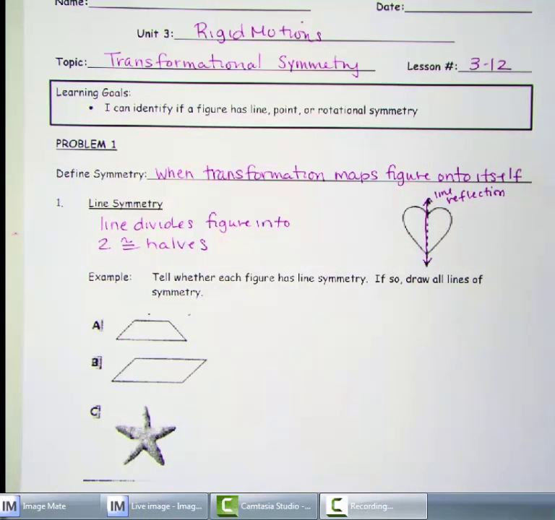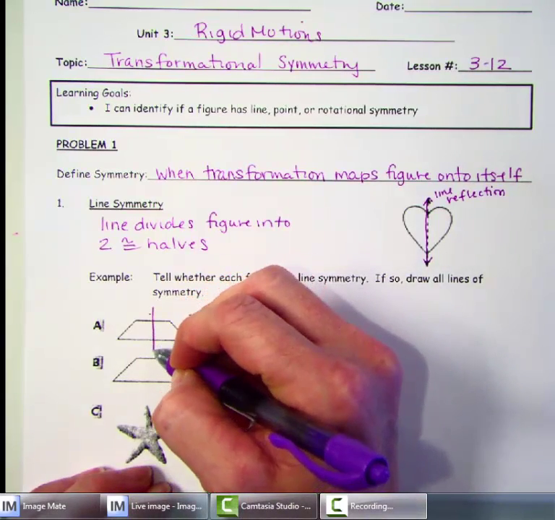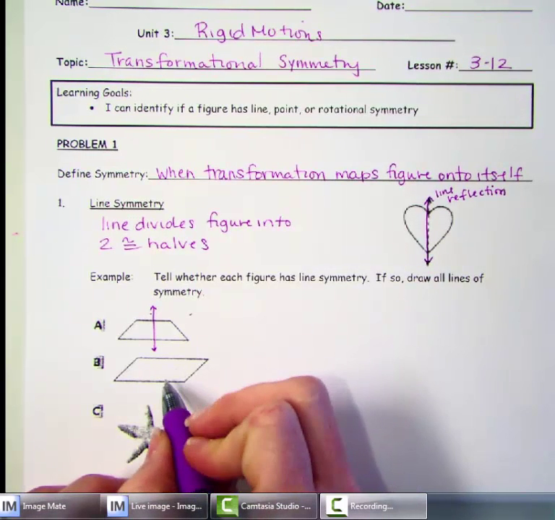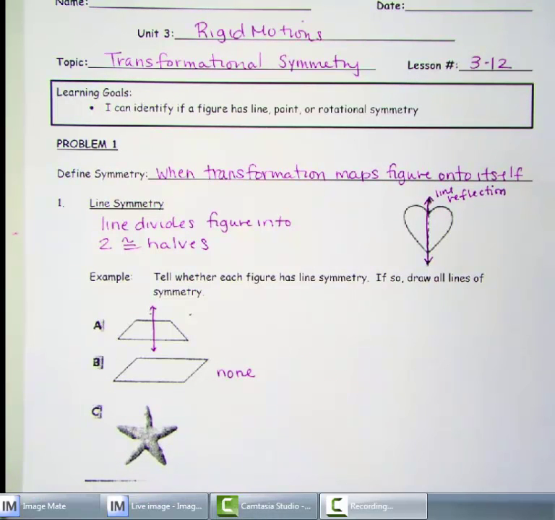So let's tell whether each figure has line symmetry, and if so, we're going to draw all the lines of symmetry. This trapezoid has line symmetry because I can draw a line through this figure and it maps onto itself. This parallelogram does not have any lines of symmetry. I can't draw a line anywhere and have it map onto itself.